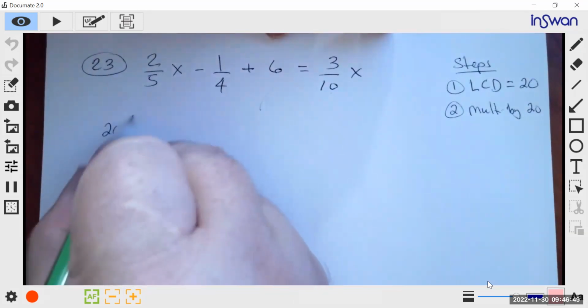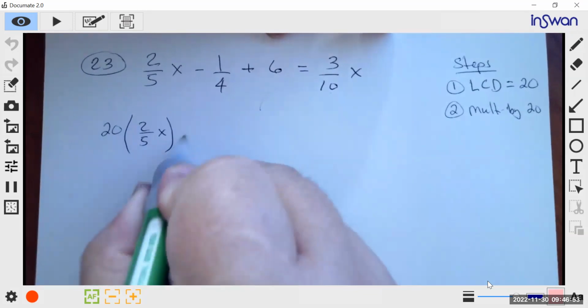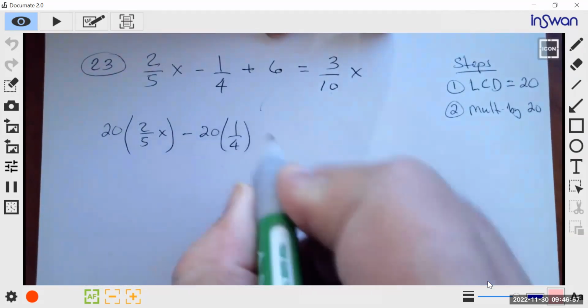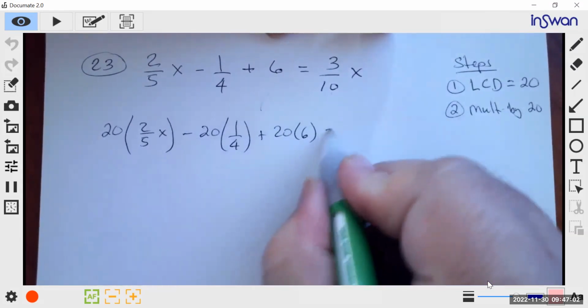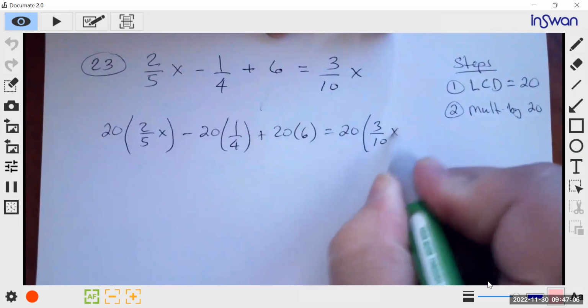So 20 times 2/5x minus 20 times 1/4 plus 20 times 6 equals 20 times 3/10x.